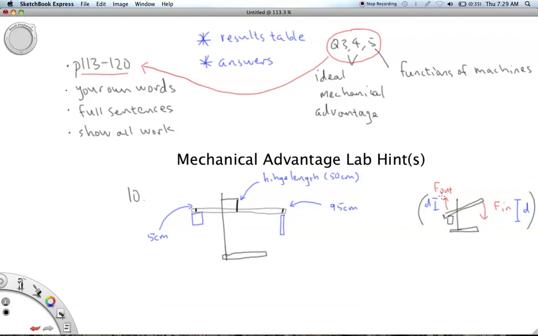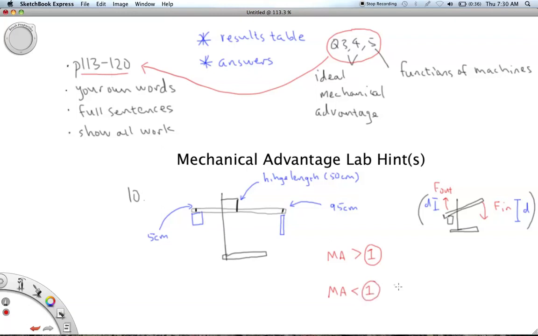Now, using this, you have to think back and remember, when the mechanical advantage was greater than 1, it was more than 1, how did the distances compare? So again, look at that table, look at when the mechanical advantage is greater than 1, and compare that to when the mechanical advantage was less than 1.